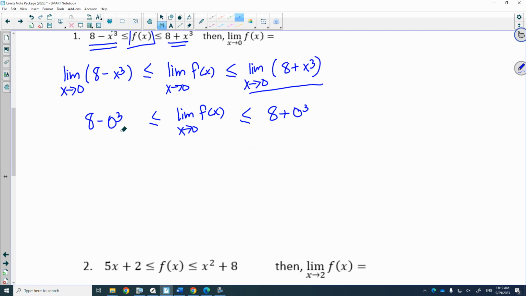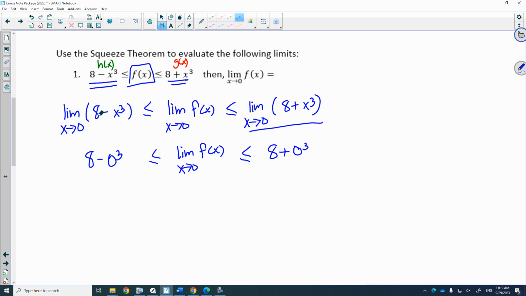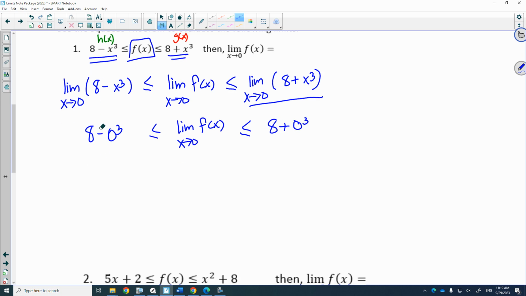Okay, my lower function, the bottom function, is approaching 8 on the y-axis. That's going to be less than or equal to the limit as x approaches 0 of the function being squeezed, and that is less than or equal to 8.